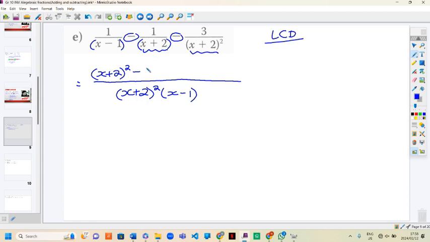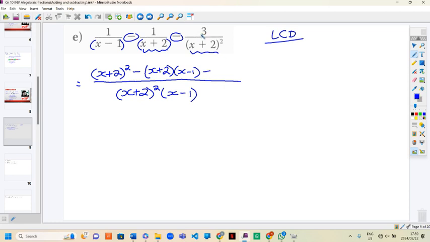I'm missing an x plus 2, because I've only got one there and I need to get to 2 of them. So I'm missing one. But I'm also missing an x minus 1. Can you guys see that? Maybe just rewind a little bit and go over that section again.